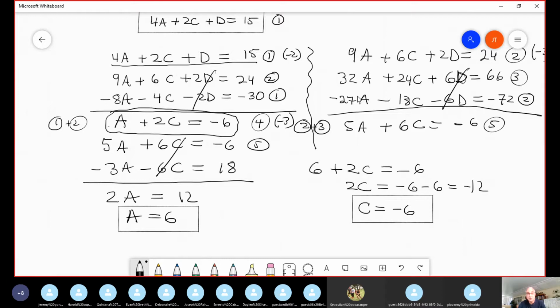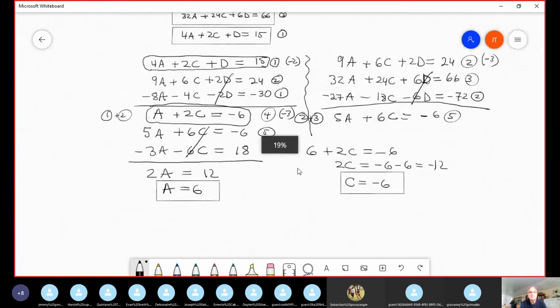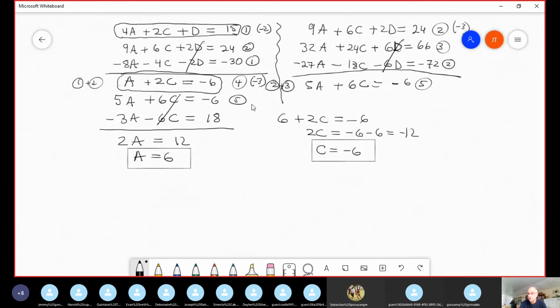And so I plug it into either, for example, I take the easier, and in my opinion, the easier is equation number 1. Okay, so 4 multiplication by 6 is 24. We computed before 4A plus 2C is 2 times negative 6 plus D, I don't have a D, equal 15.